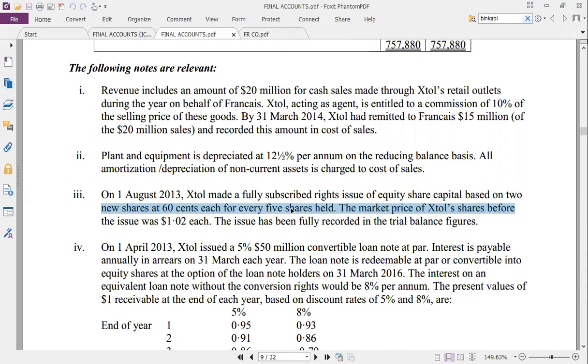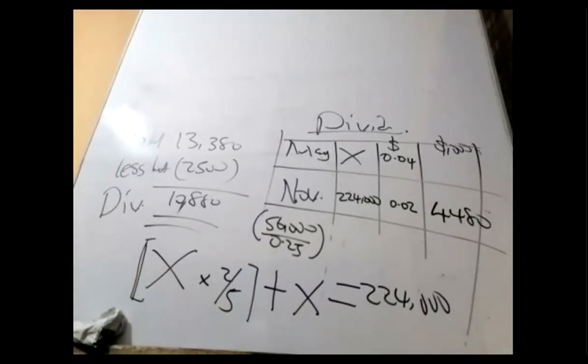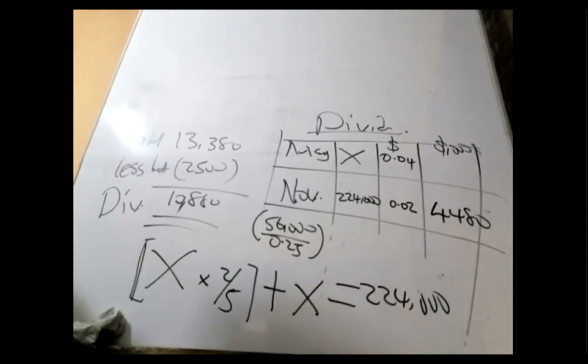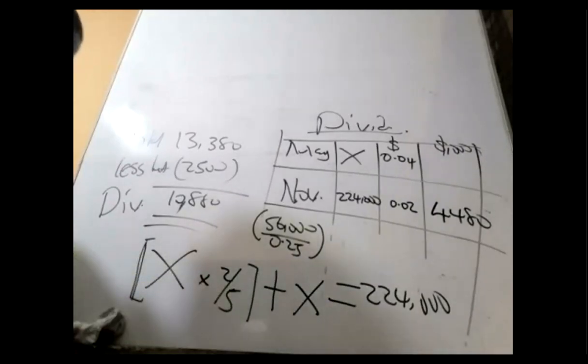It will be 2 out of 5. That is the ratio. So in short, 2 divided by 5 gives us 0.4.